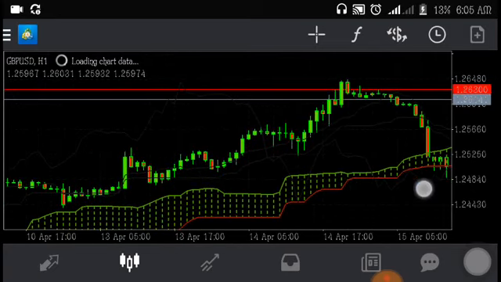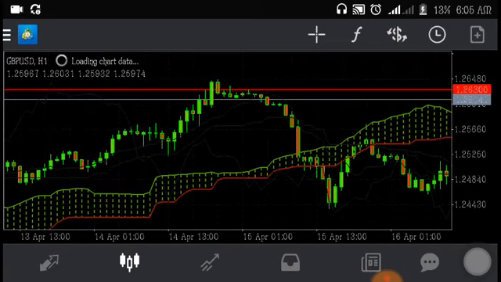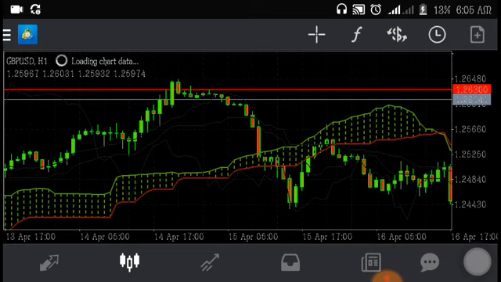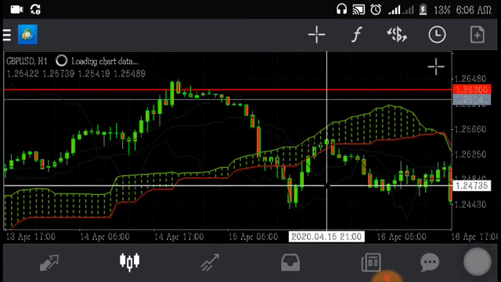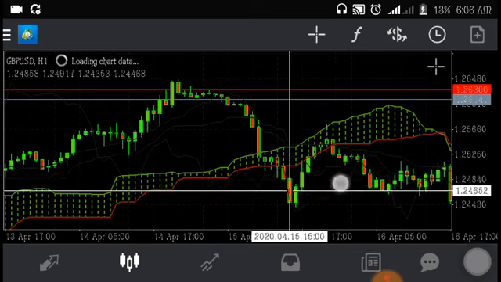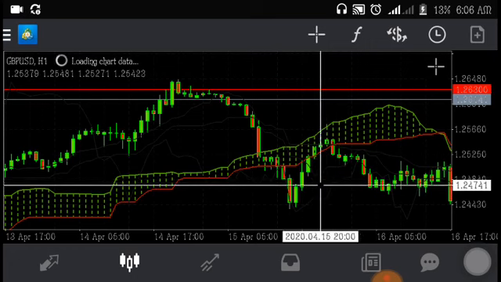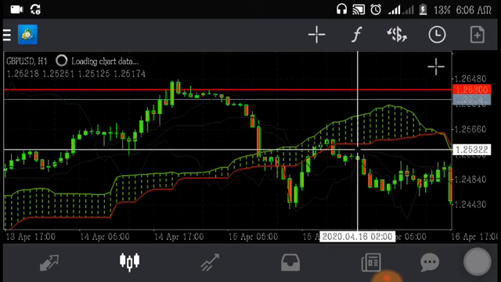So let's see. Here I think we got a trade here, at the close of this candle we go into a trade, a very beautiful trade there, but we got stopped out again, minus 100 pips.